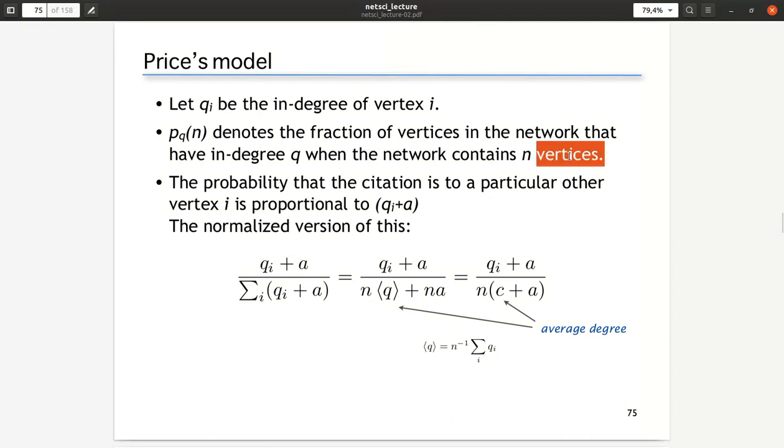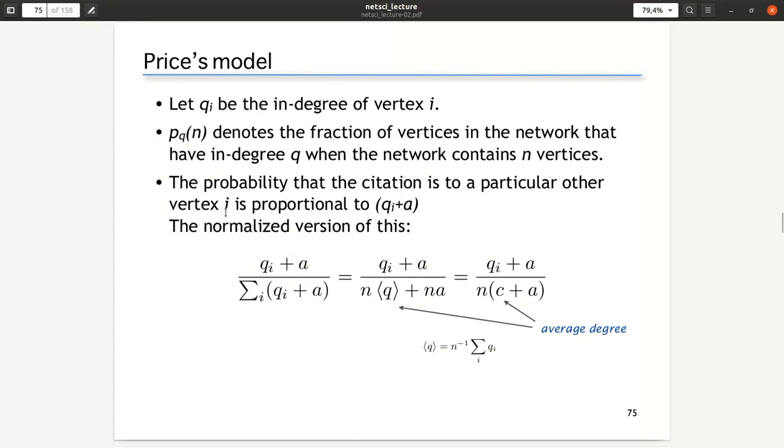By the way, the network which we are going to consider is, of course, a growing network. So when it has n vertices, then the fraction of the total number of nodes which has in-degree equal to q is denoted by p_q(n).